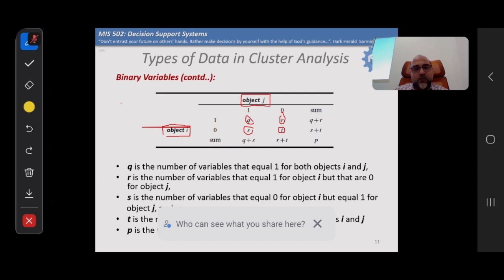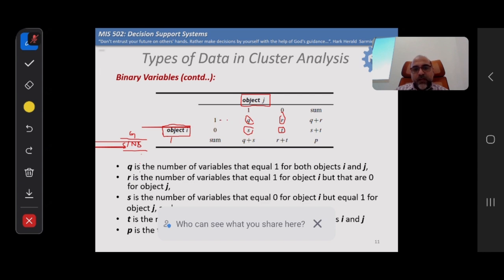We have two objects, and we are trying to see how many of their characteristics match. For example, maybe the gender of a person, maybe the nationality, whether the person is a Saudi or a non-Saudi. You can see that this is binary, and maybe a third one or the fourth one or the fifth one.